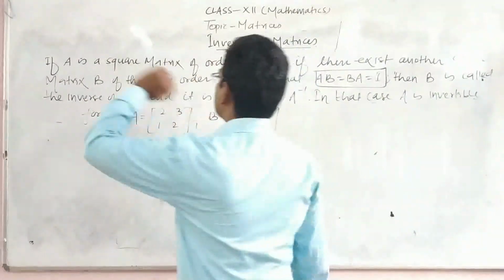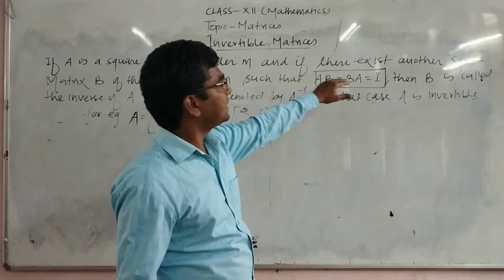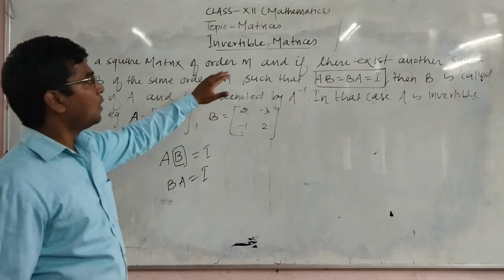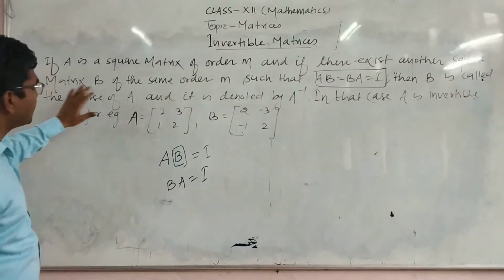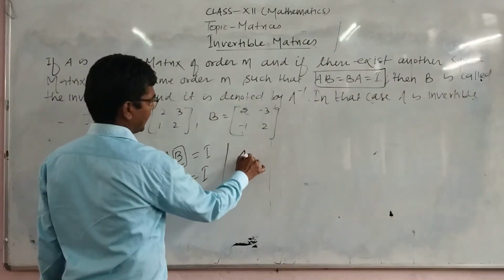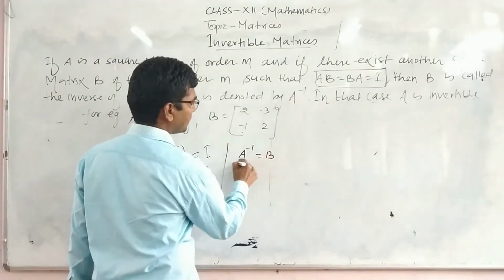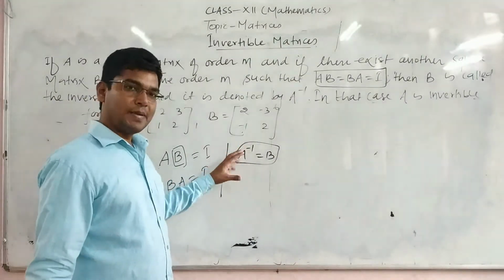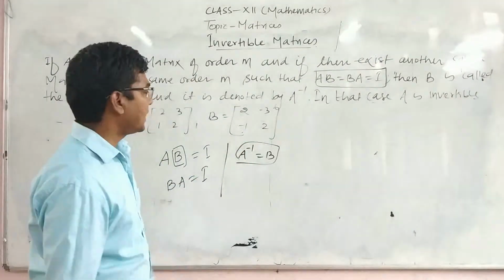So, for a square matrix A of order n, if there exists another square matrix B of the same order which satisfies this condition, then B is called the inverse of A, and this is denoted by A inverse. So we will represent the inverse of the matrix by this notation A inverse, right?